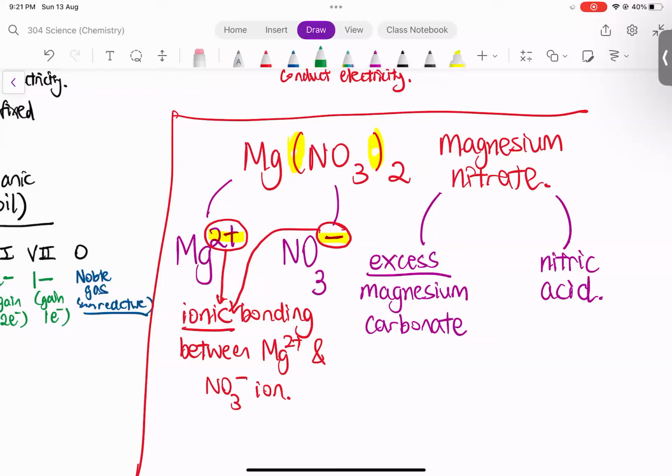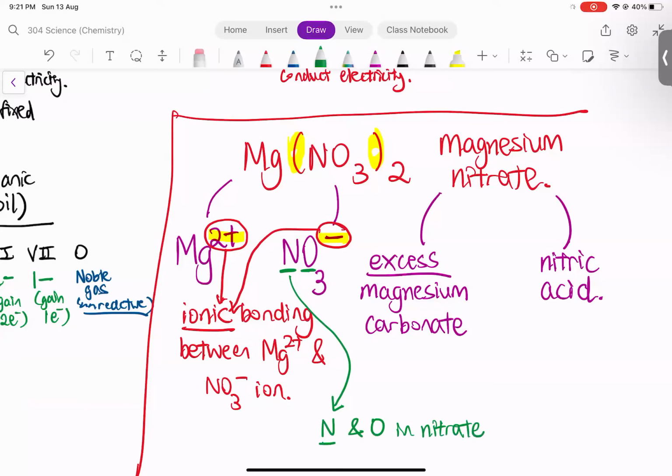However, how about inside the nitrate? Remember yesterday we said nitrate is NO3, right? That means there's more than one atom inside the nitrate. There's nitrogen, one of it. There's 3 oxygens. How are the nitrogen and the 3 oxygens bonded together? Nitrogen and oxygen, right, in the nitrate.